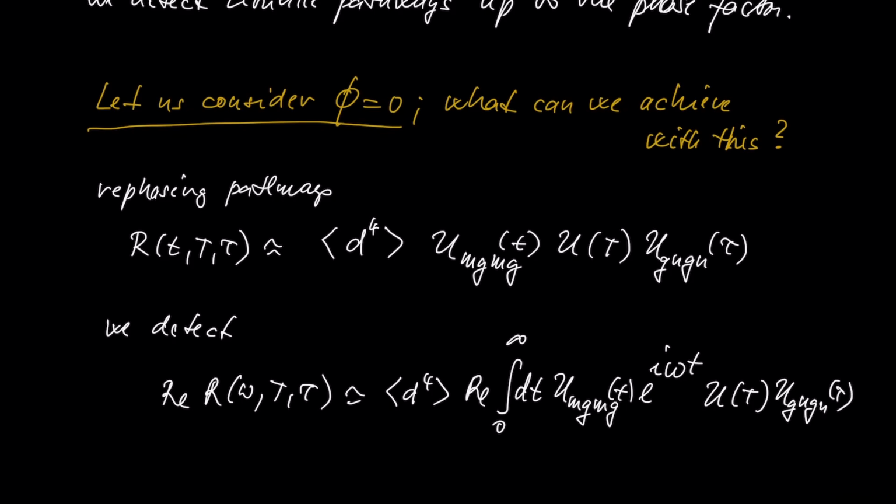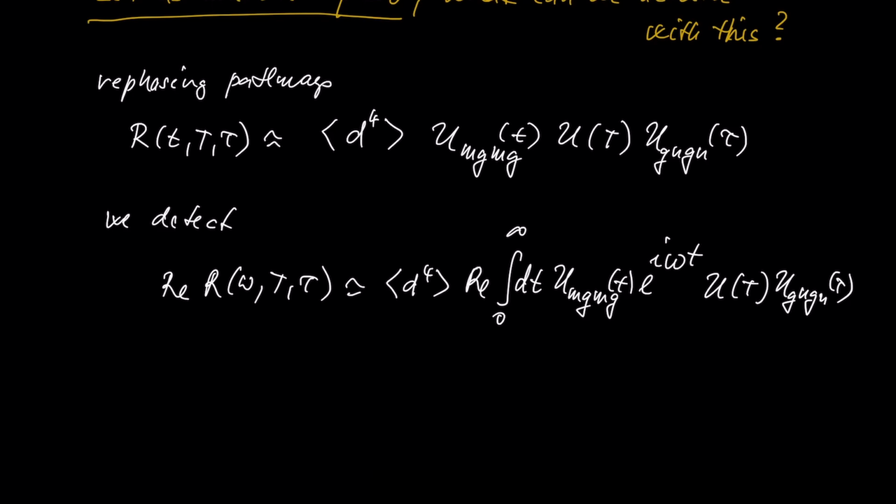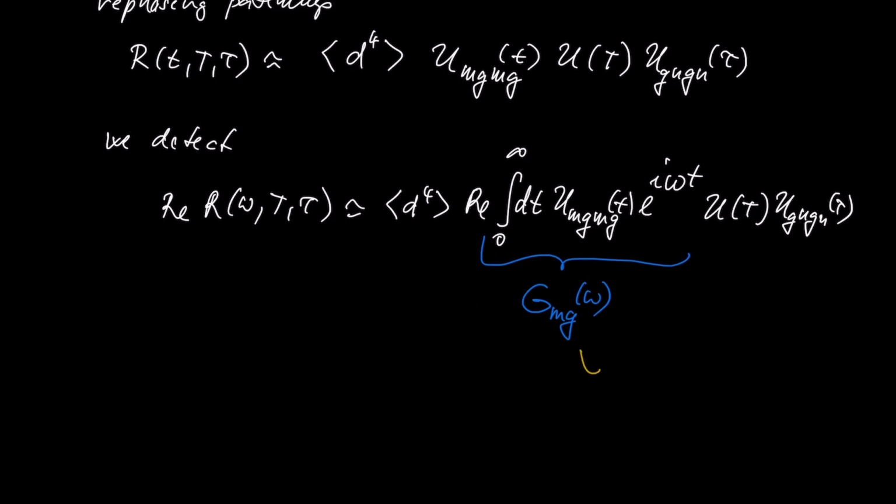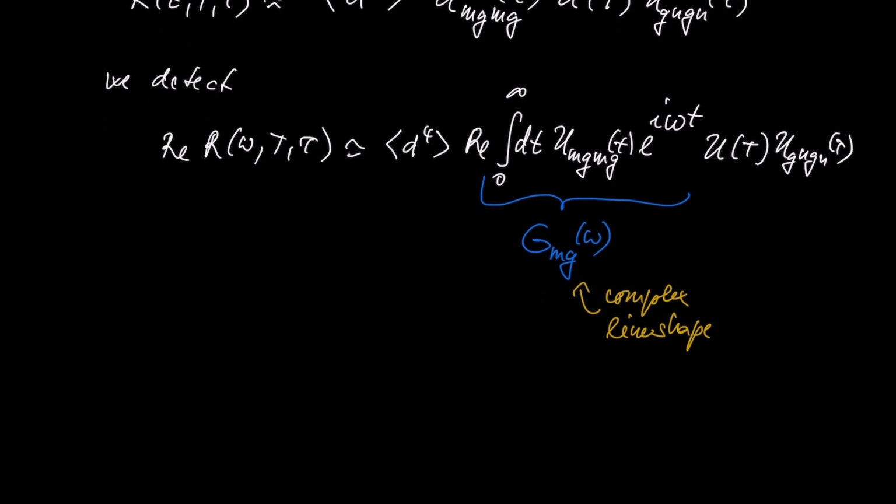So now this first part we already know, this we have defined somewhere. This is the complex line shape GMG of omega. It's the complex line shape. Real part of the complex line shape gives us absorption spectrum, basically.